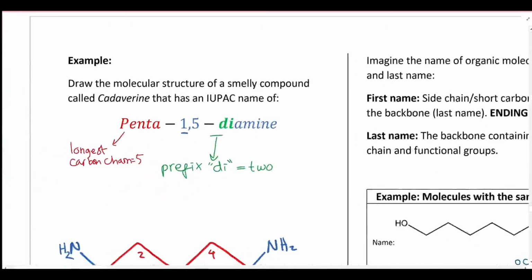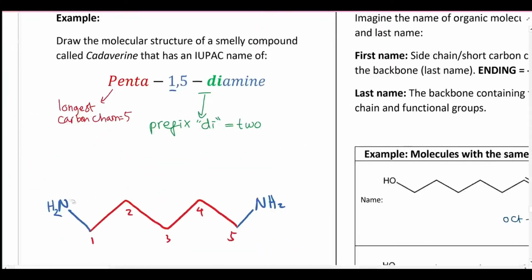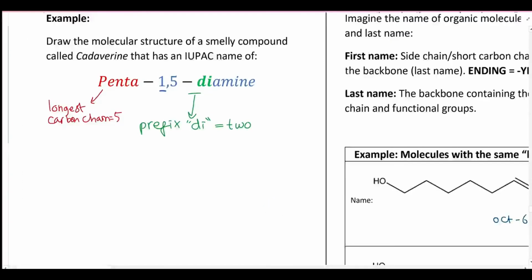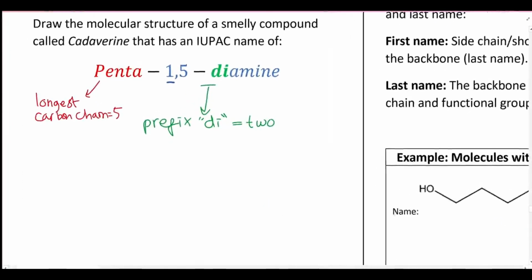So an example molecule would be something like this. We can have a molecule that's called pentane-1,5-diamine. The first part here is penta. It tells us that the longest carbon chain is 5. And then it also has a name, amine. And specifically, there's a di.